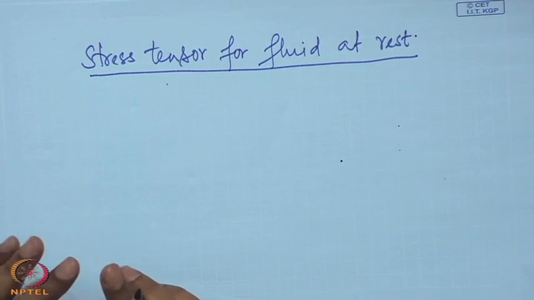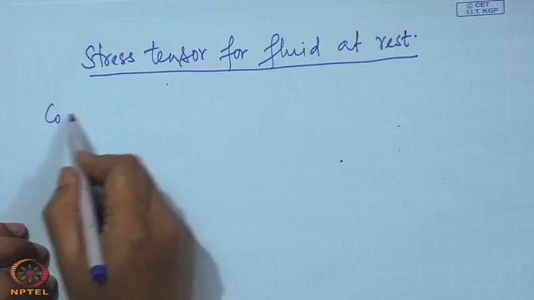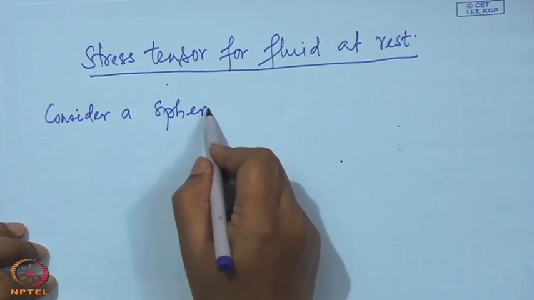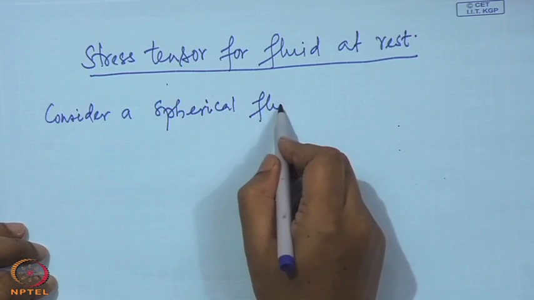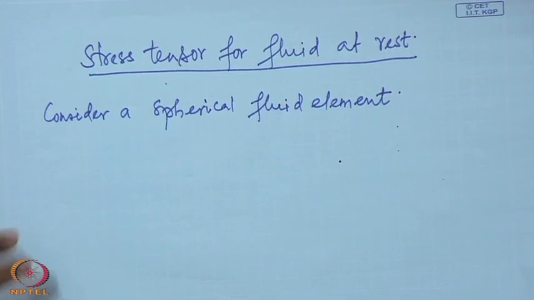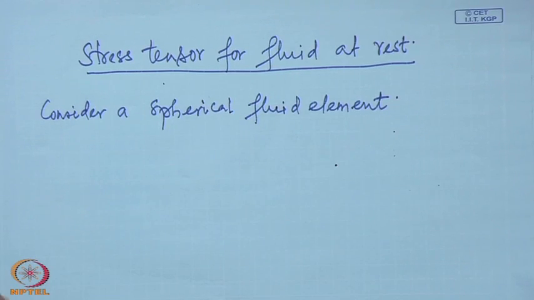For convenience, let us consider a spherical element, sufficiently small, so that we can consider the stress tensor to be more or less uniform.